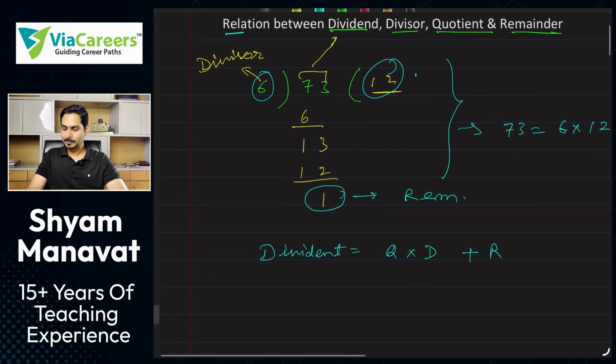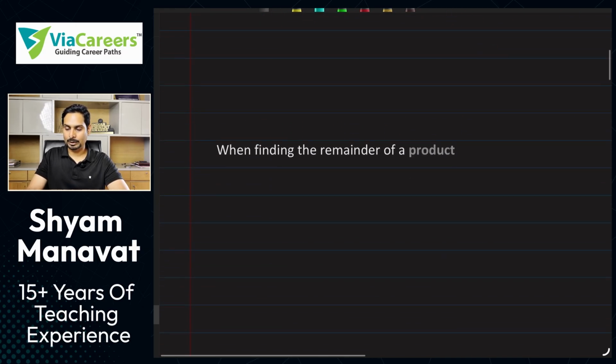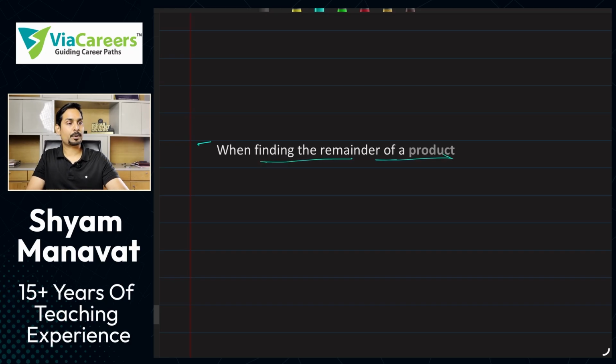So how are we going to apply this here? When finding the remainder of the product of values, you need to just focus on the remainder. As I said, focus only on the remainder. Now think about it.